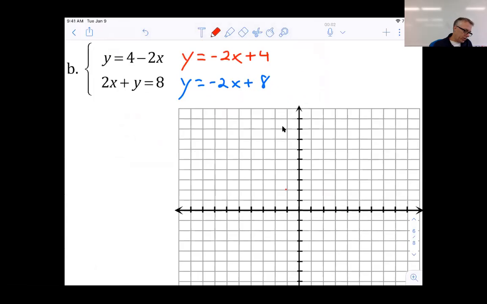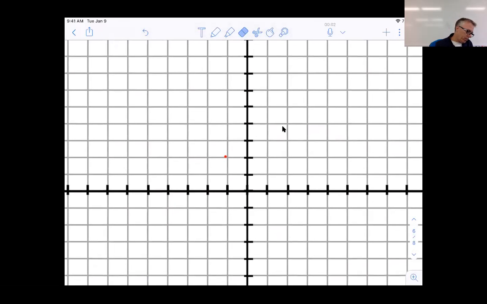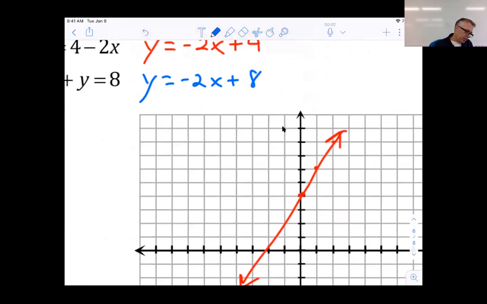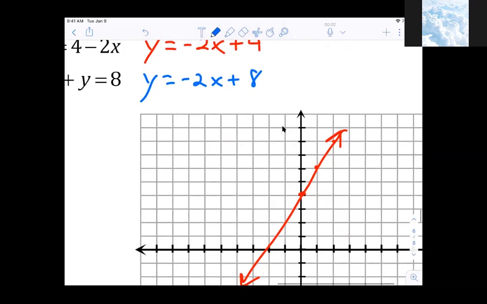The red one has a y-intercept of 4 and a slope of 2. So that's going to look like that. And the blue one has the same slope but a y-intercept of 8. Isn't it negative?